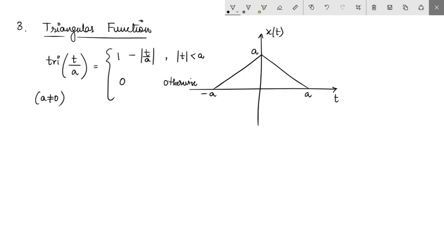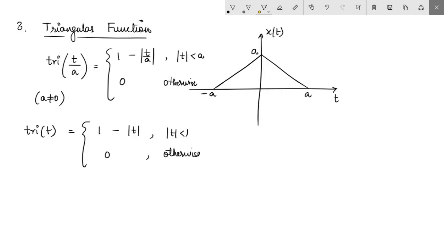So say for a equal to 1, if I am looking at the function tri of t, that means a is equal to 1. What this means is, this is 1 minus mod t for mod t less than 1 and 0 otherwise.